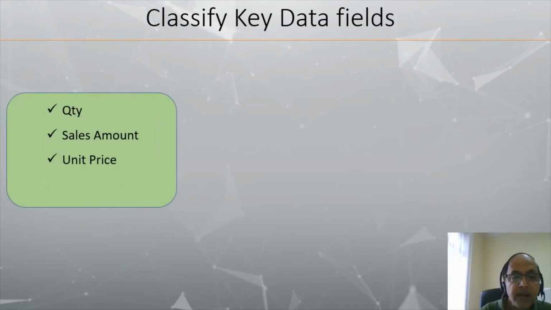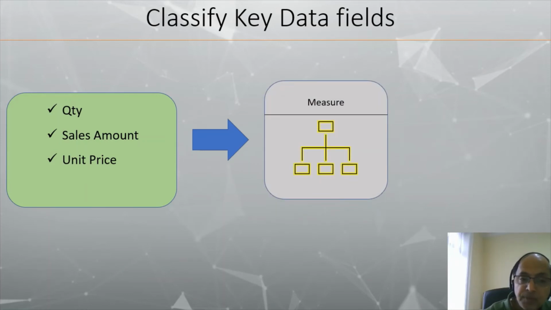Let's identify quantity, sales amount, and unit price. Now these are numerical measures. Their values are going to be numerical. So they will be part of the measure dimension, because the elements stored in the measure dimension are quantity, sales amount, and unit price.